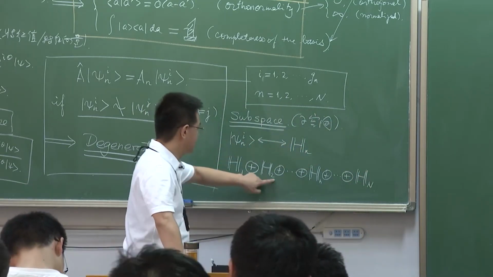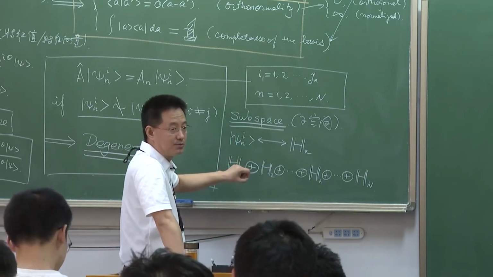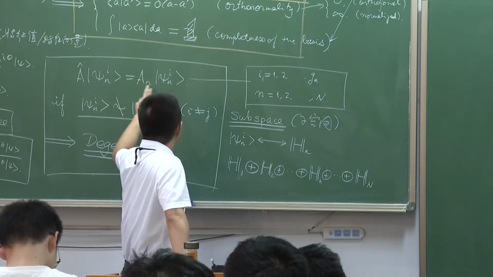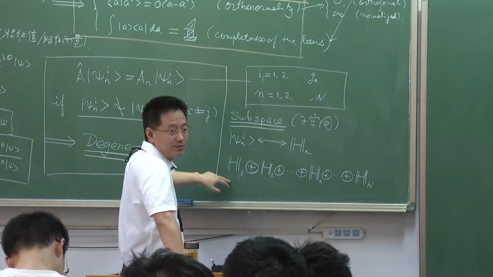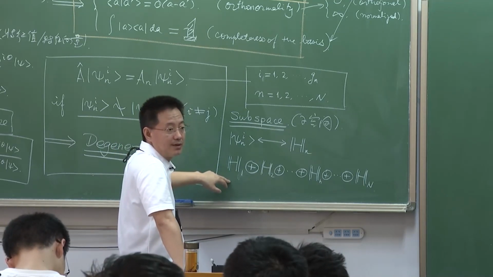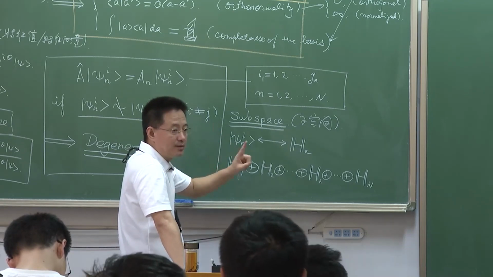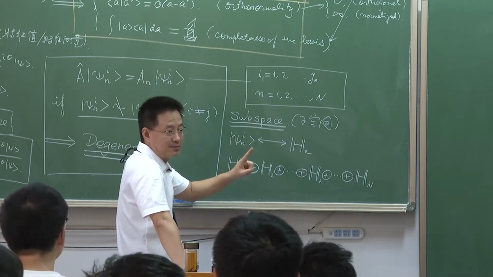And each index here corresponds to the index of your eigenvalue. But for each eigenvalue, you may have several eigenstates. If one eigenvalue corresponds to one eigenstate, that means it is not degenerate.